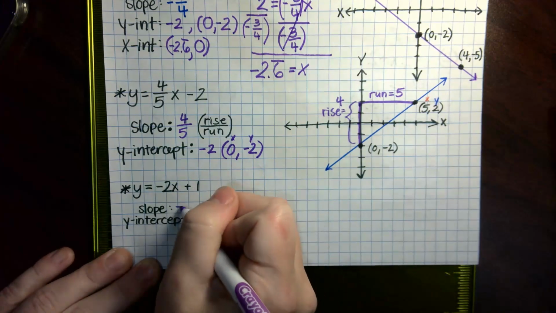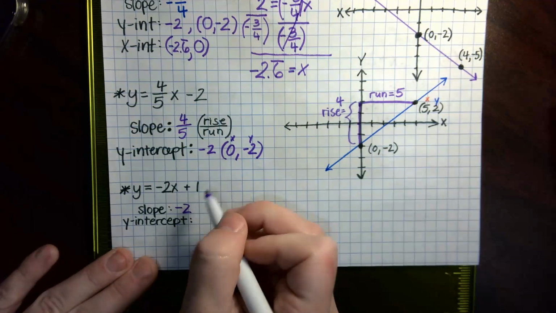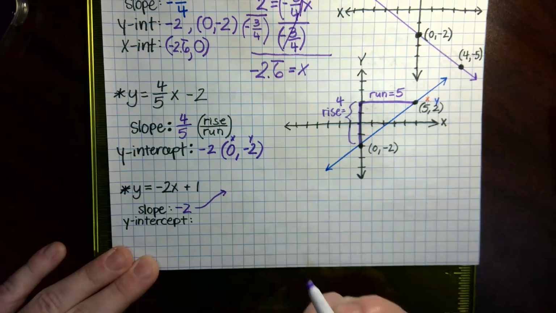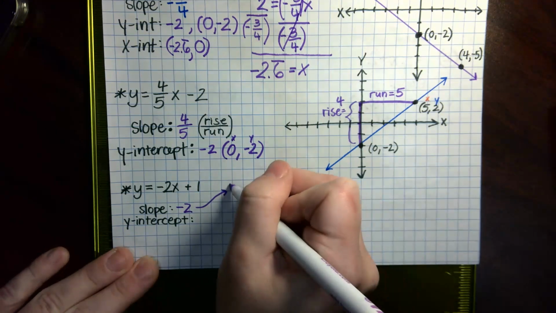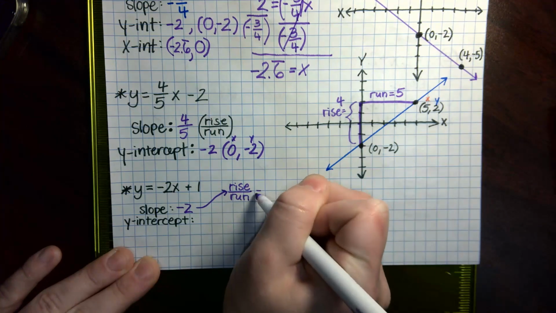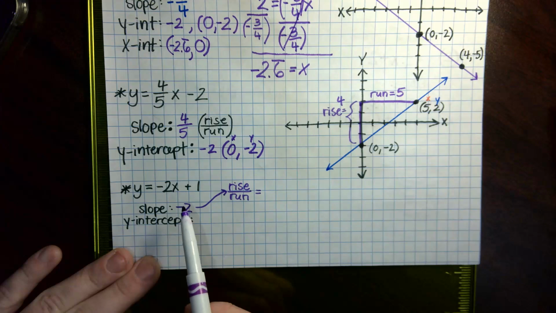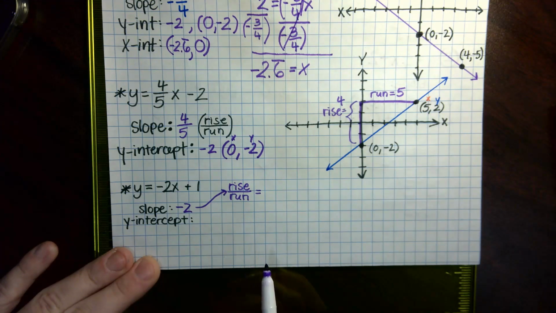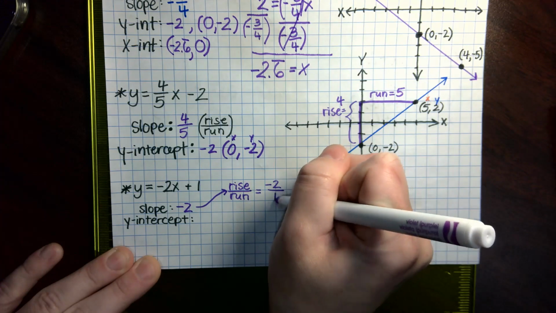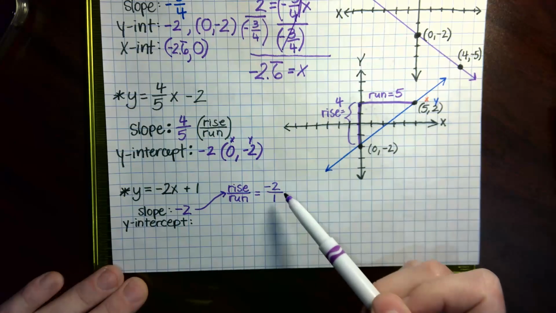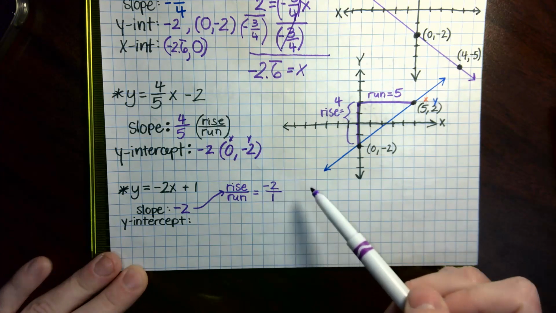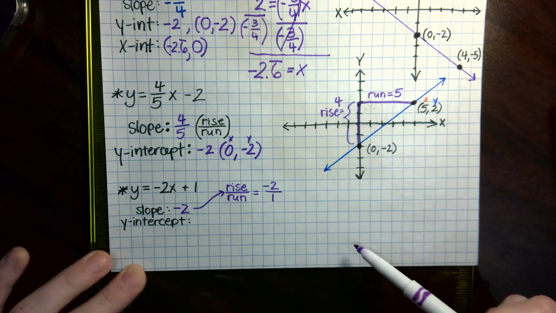Negative 2. Now, remember when we write it as rise over run, we need to turn this into a fraction. So over to the side, I'm going to write rise over run. And how would I make negative 2 into a fraction? Just negative 2 over 1. Perfect. Negative 2 over 1. So that way I know whenever I get my y-intercept and then I start using my slope, I'm going to go down 2 over 1.